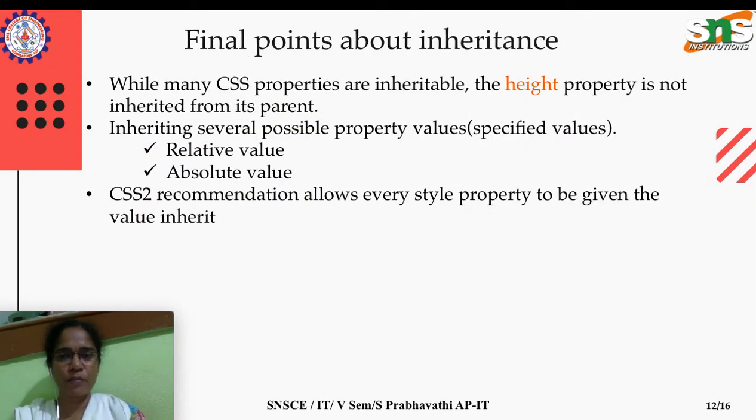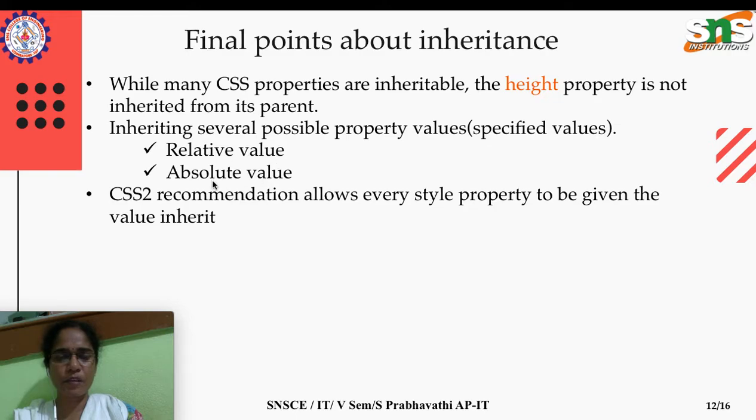And the final word about inheritance: except the height property, apart from that the remaining could be inherited. Even relative values or absolute values, in the sense of border equal to 2 pixels, or 2 em.